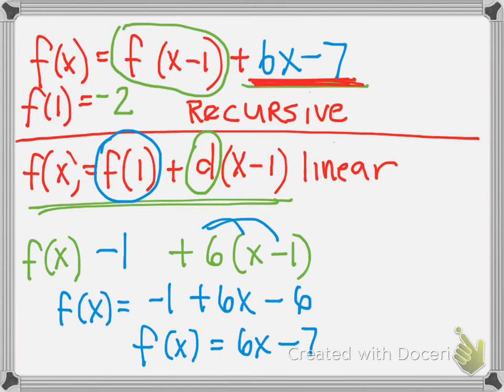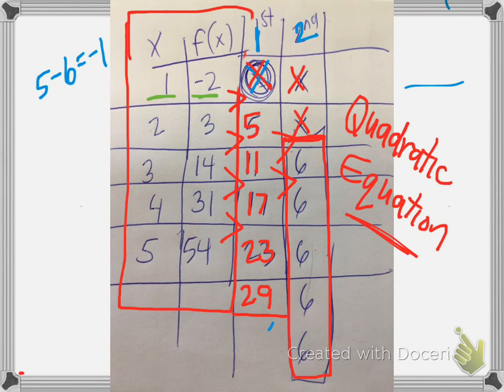6x minus 7. Okay. So you do f of 1, but it's really f of 1 of the linear part. So go back to your table. And normally f of 1 is right here, -2. But because we're doing it of the linear part, we want this spot right here. Okay, so how do I do that?